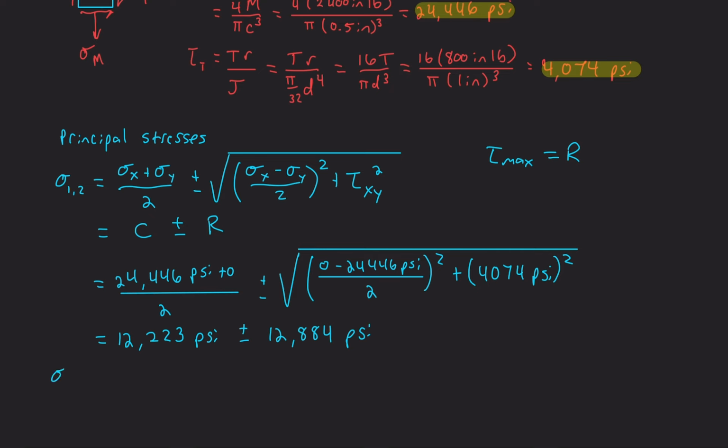Okay, so sigma 1 is equal to that plus 12,223, and that is 25,107 psi.